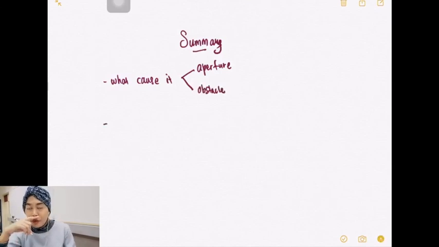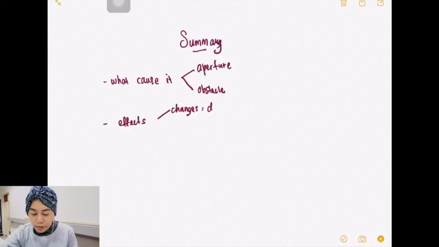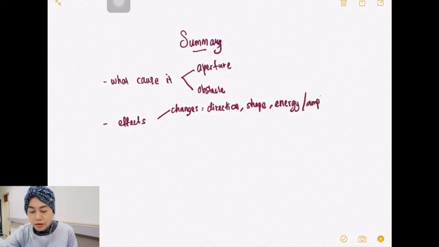And then we've also looked at the effects of it. The thing that changes is direction, because it becomes more spread out, and the shape, because it becomes more curved, and also the energy or the amplitude. It will become lower.